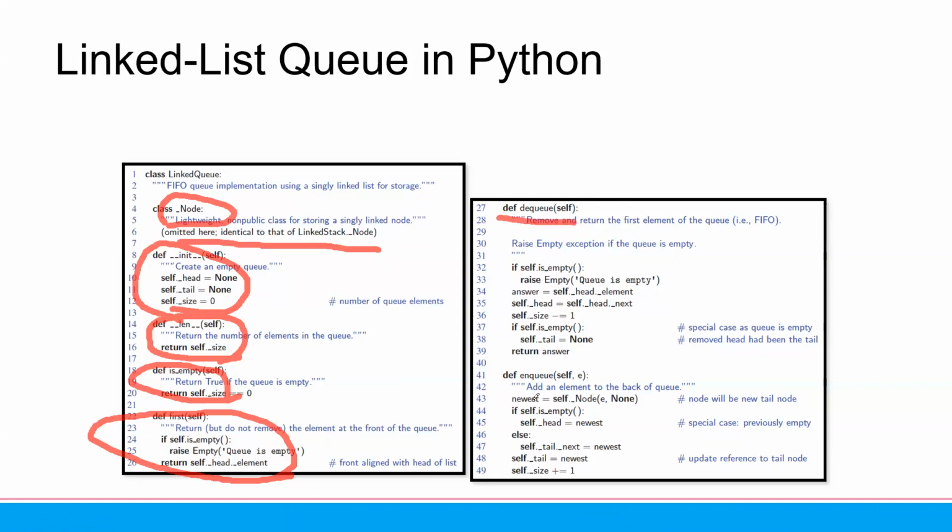And we have dequeue and enqueue. Dequeue means we want to remove the first element, and enqueue means we want to insert a new element. Based on those operations, it is O(1).